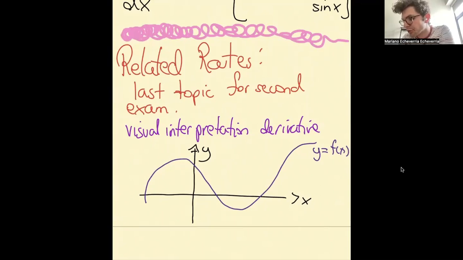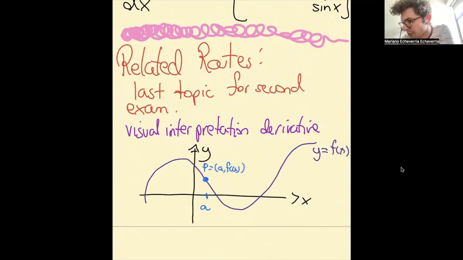So let's choose 2 points here. I'm going to take the point A. So this is the point A comma f of A, right?